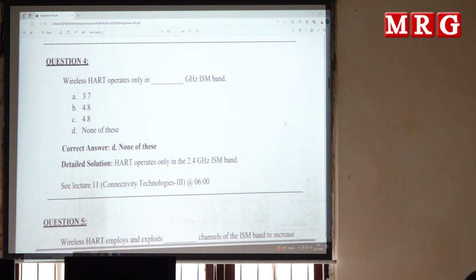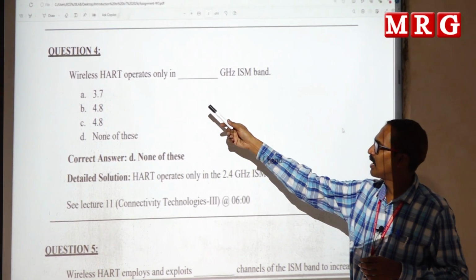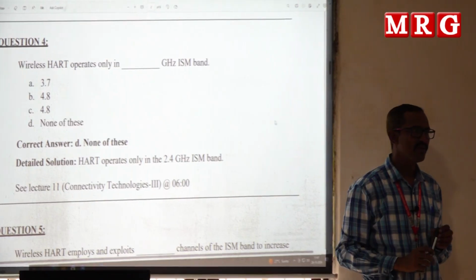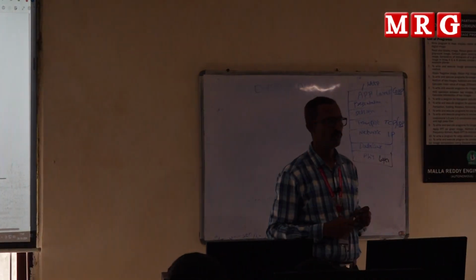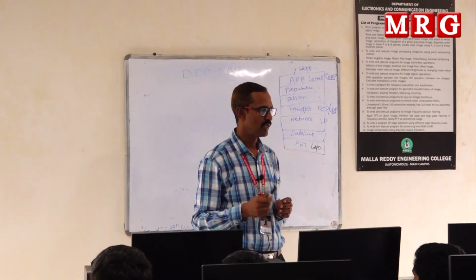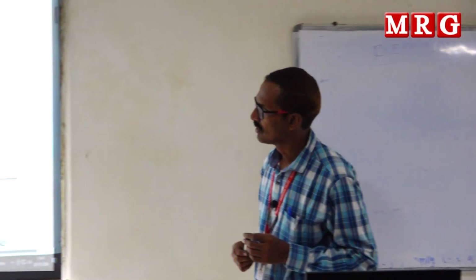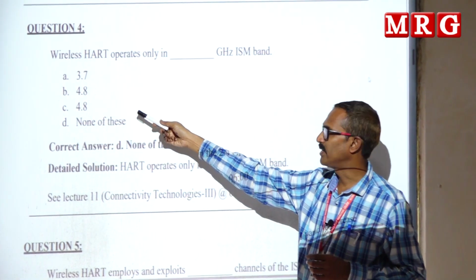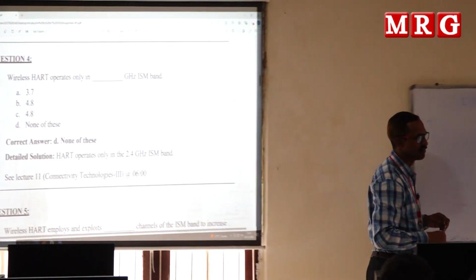So what is the frequency? Wireless HART operates only in which gigahertz ISM band? In wireless, there are some frequencies we have to use for communication. So the question is asking what frequencies are used in this protocol. He mentioned some numbers here, 3.7 gigahertz, 4.8, but actually it follows the 2.4 gigahertz ISM band.